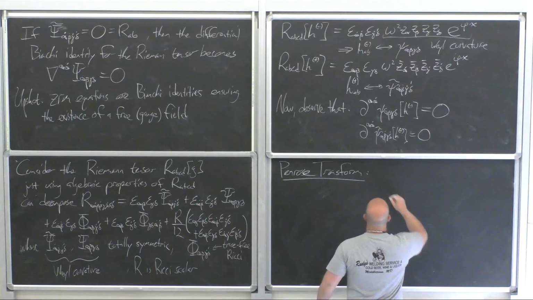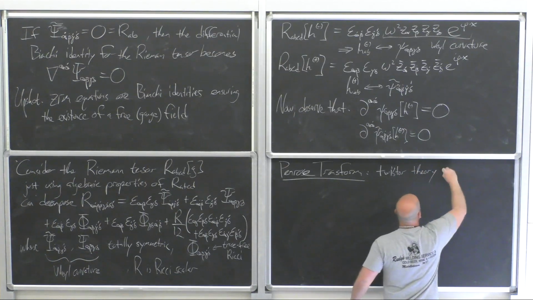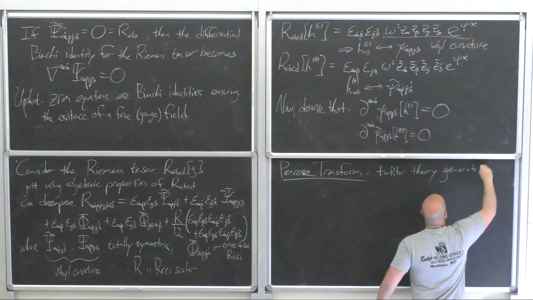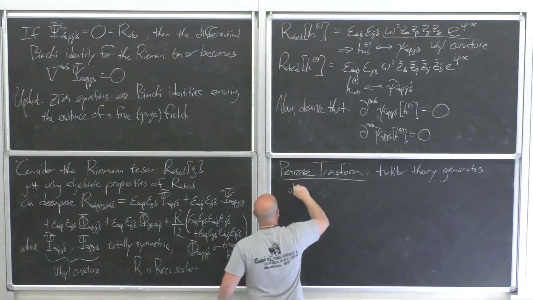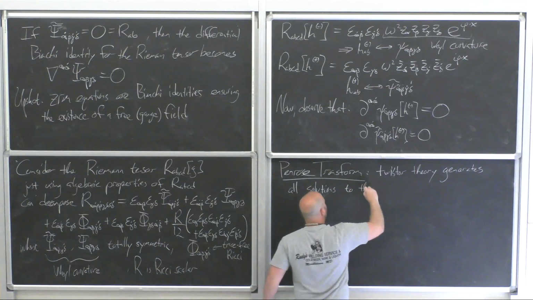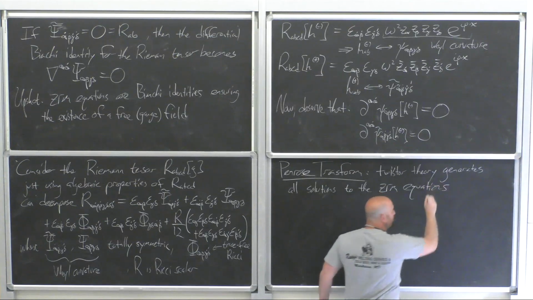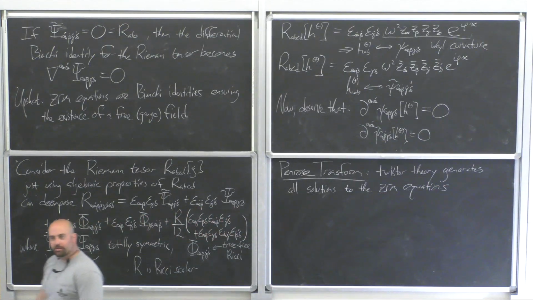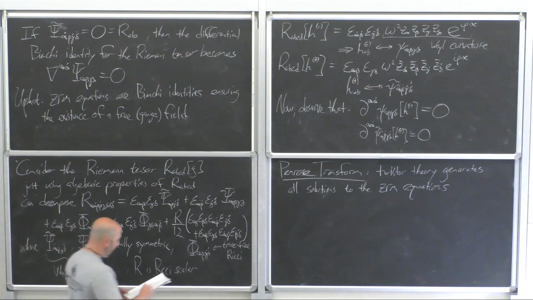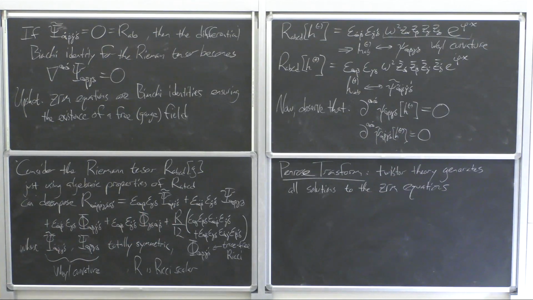The punchline is that twistor theory generates all solutions to this set of PDEs that we call the zero rest mass equations. And now the rest of the story is to tell you in what sense it generates these solutions. Okay. So to tell you this story, I need to do a bit of terminology unpacking. I'll be as rough as possible about this.